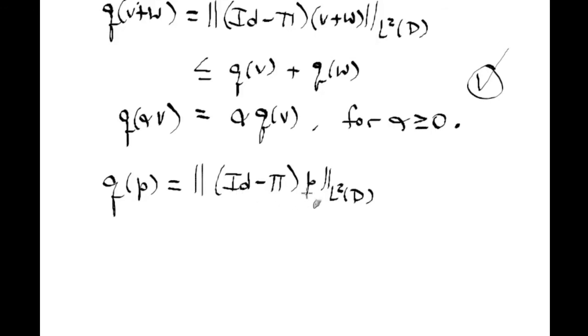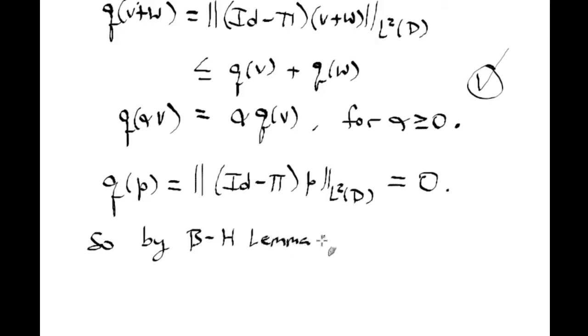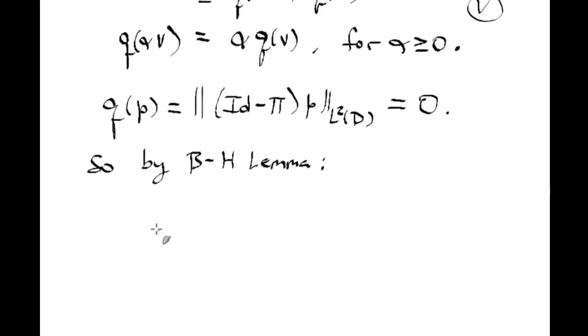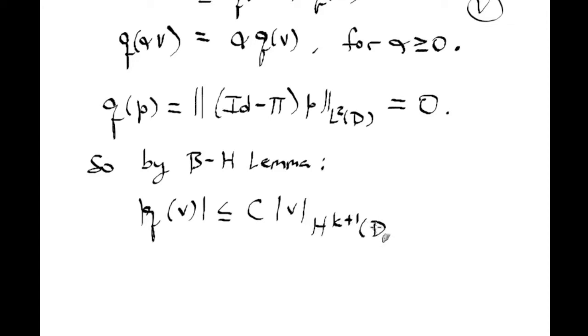So in this case, this is just identically 0. So by the Bramble-Hilbert lemma, what do we get? We get that Q of v is bounded by some constant times the seminorm of v.